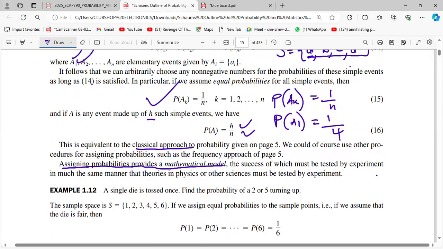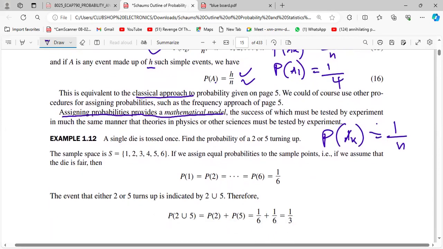So what you need to understand is that if I've got a sample space, then the probability of maybe AK is 1 over n, because it is only appearing once, or they are distinct. So for example, if you have a sample space 1, 2, 3, 4, 5, 6, maybe this is 1, this is 2, 3.